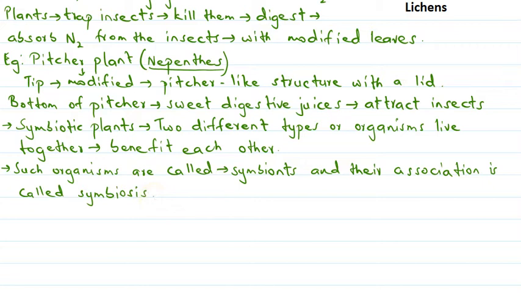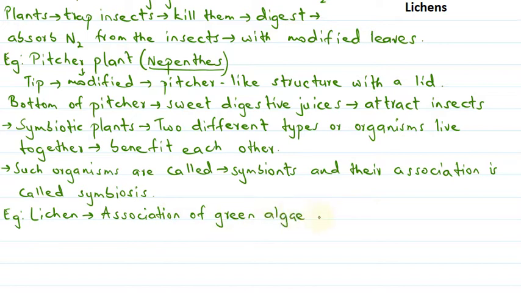Here we will be taking an example of lichen. Lichen is a very good example of symbiosis. It is the association of green algae and fungi. So let's see how each gets benefited.